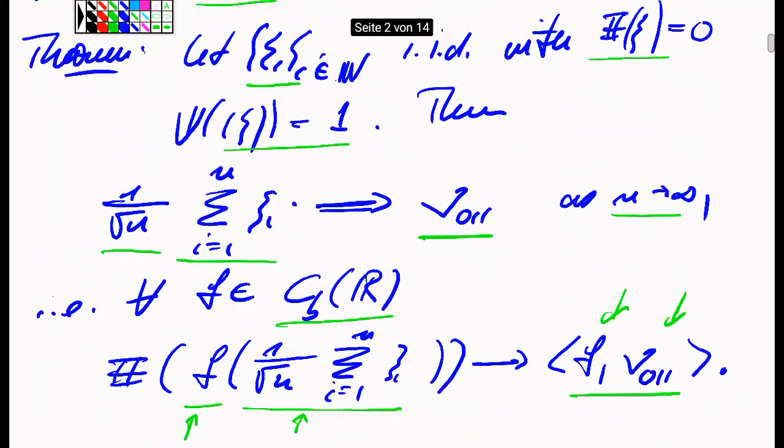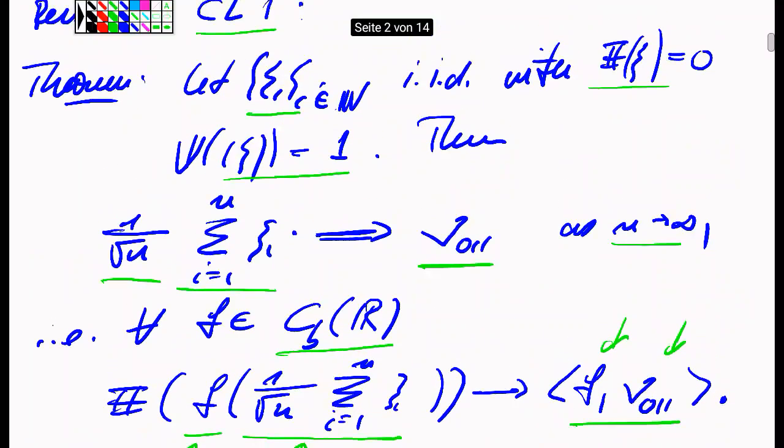And the modern versions are less restrictive regarding the assumptions on this collection of random variables xi which enter. And it says in a way that the standard normal distribution will appear naturally as a natural constant if you just sum up independent trials of the same experiment, and if you normalize the whole thing in such a fashion that it has expected value 0 and variance 1.